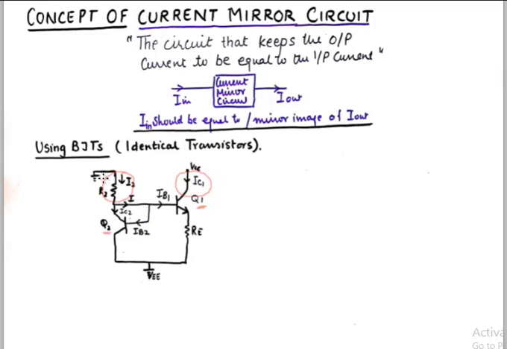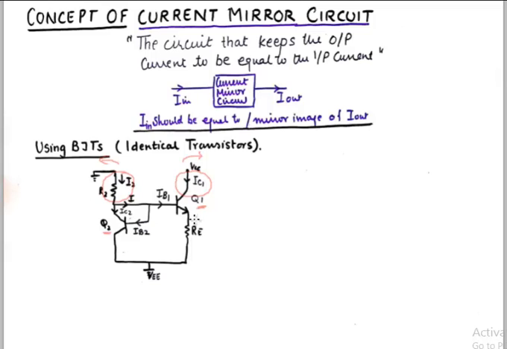So this might not necessarily be an output and this might not necessarily be an input, but the point of observation is on the extreme side of the circuit, and this point of observation is on this extreme side of the circuit. So I can say that if this being the input and this being the output, they are equal, so that will suffice the condition for being a current mirror circuit.